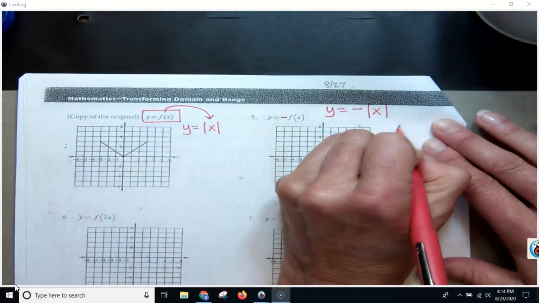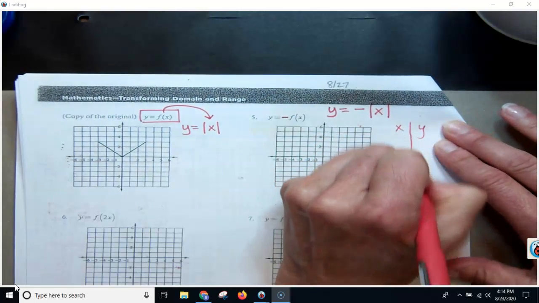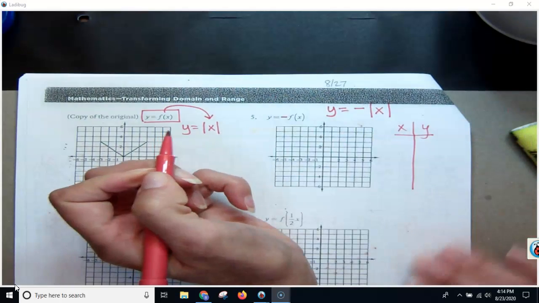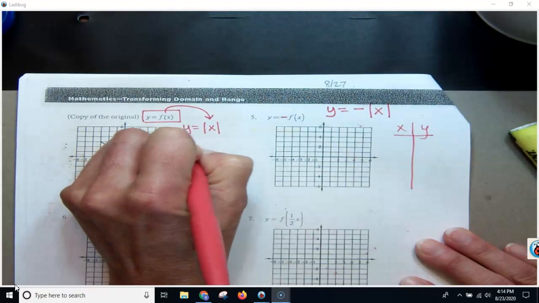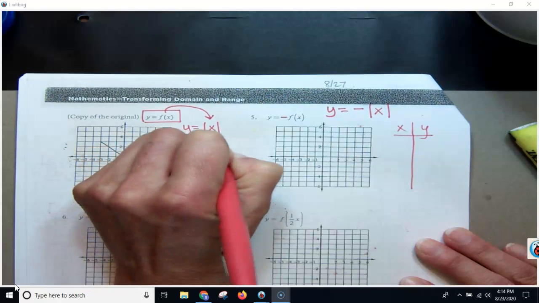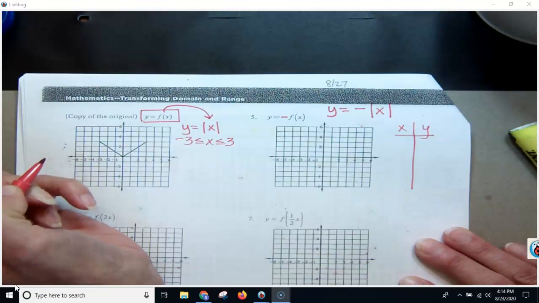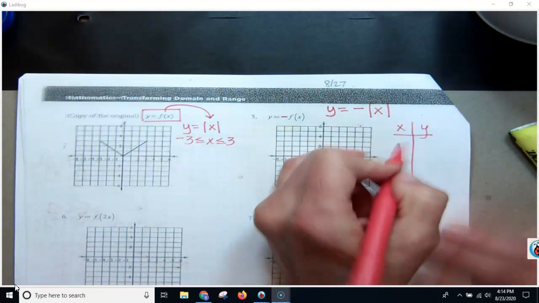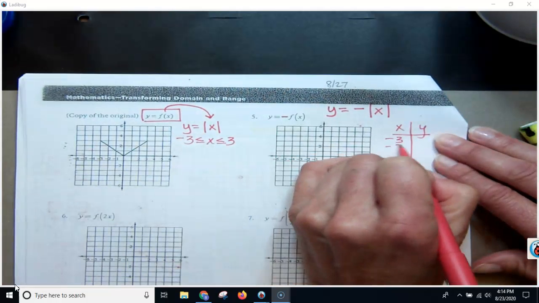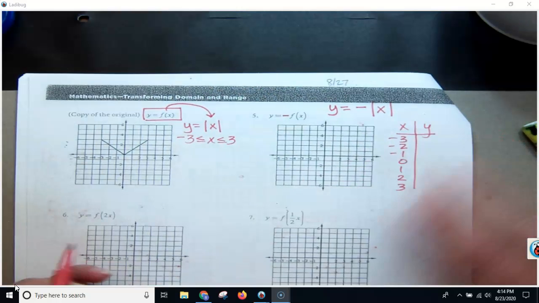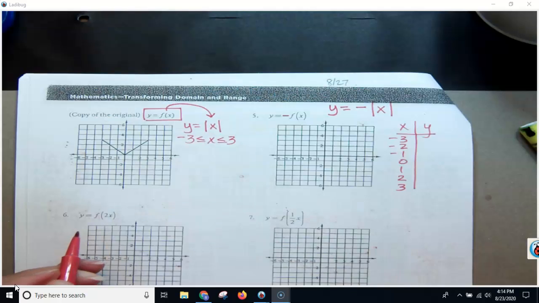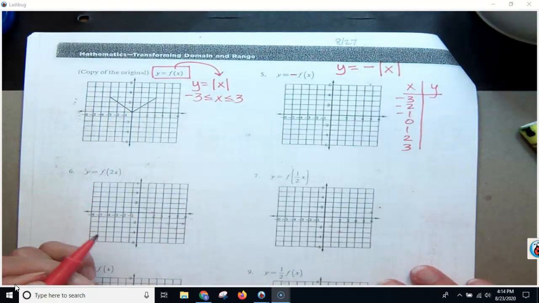Okay? So go ahead and do your table. We're still using the same domain, -3 less than or equal to x less than or equal to 3, and figuring out what the range is. So this table is always going to look like this. What is your function going to be here?